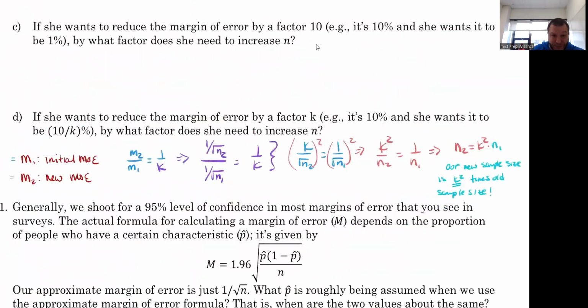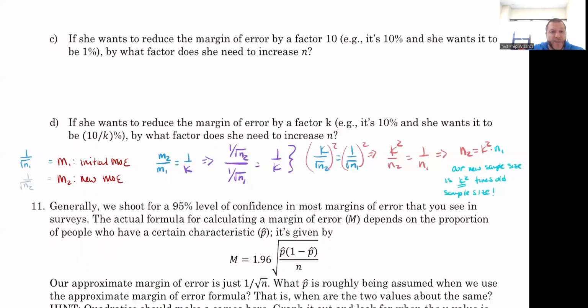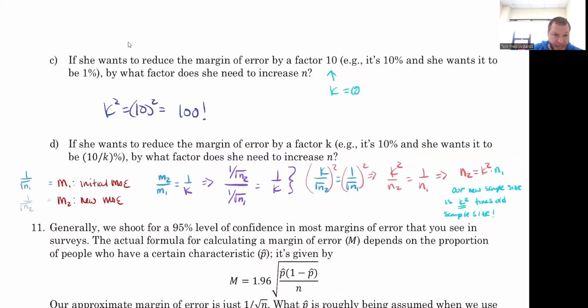So that's pretty big, right? If we looked at, say, question C, our K value is 10. I want to reduce my margin of error by a factor of 10. So K squared equals 10 squared, aka 100. I need a sample size that's 100 times what my initial one was. So if I had 40 people, now I need 4,000 people to achieve that margin of error.